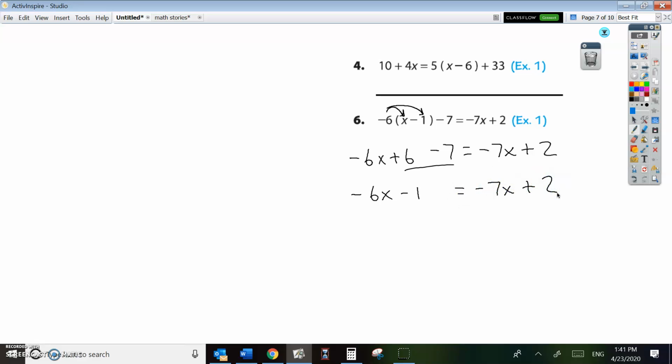Okay, now let's add 7x to both sides. And let's add 1 to both sides. These 7x's cancel and these 1's cancel. Negative 6x plus 7x is x equals 3, and you're done.